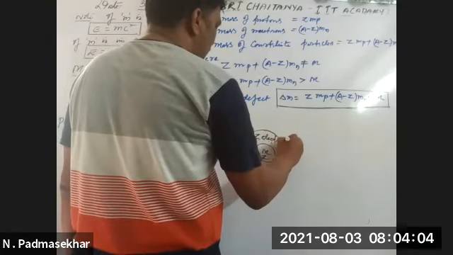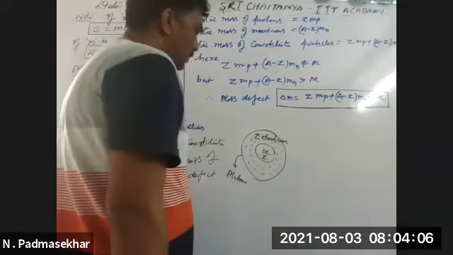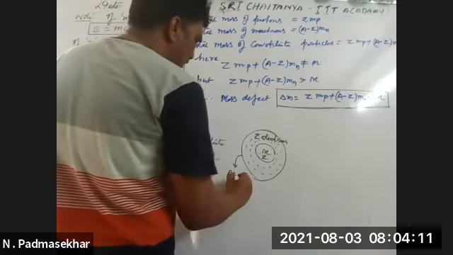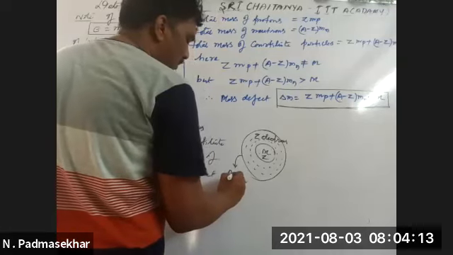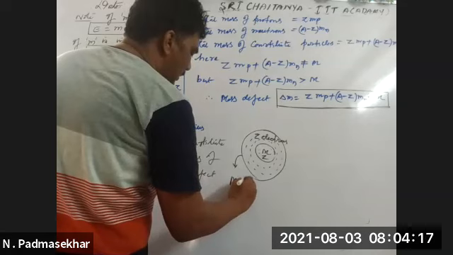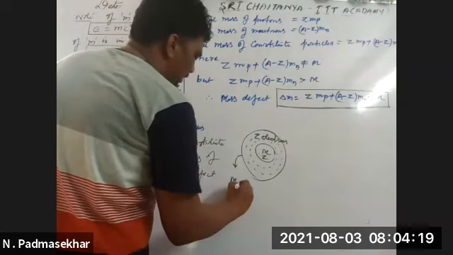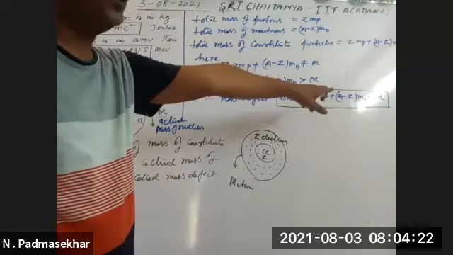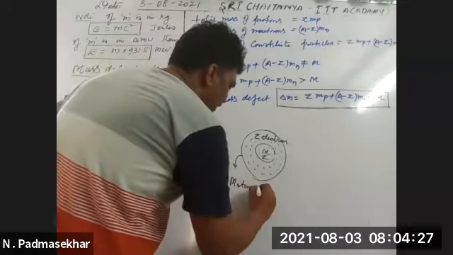The mass of each electron is Me. So the mass of the atom is M atom. We have the mass defect in terms of the mass of the nucleus, and now in terms of the mass of the atom.